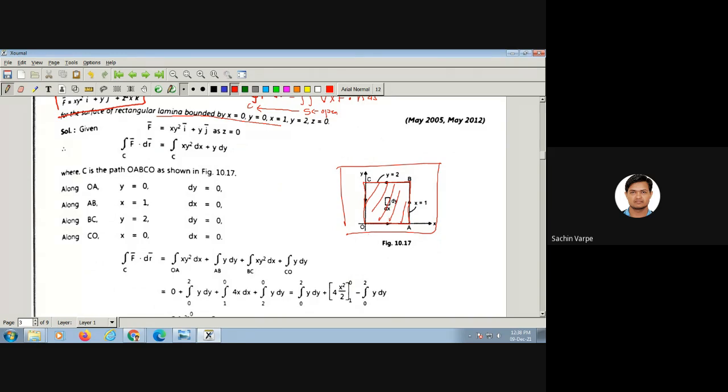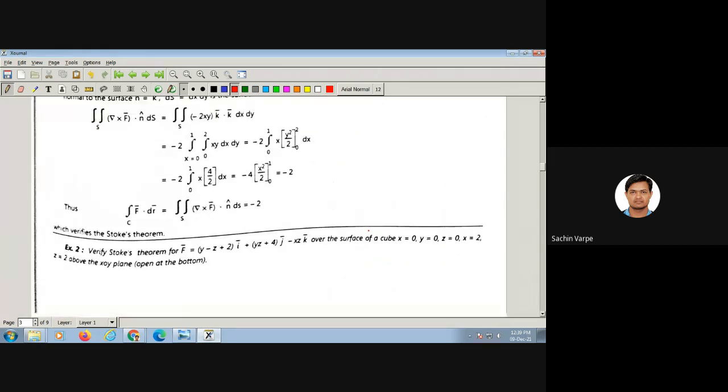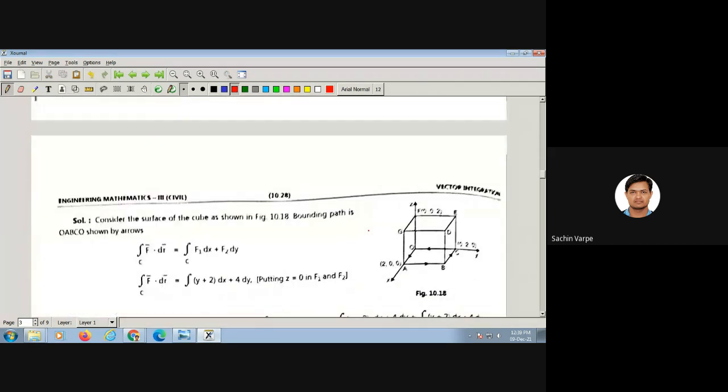So along OA, along AB, along BC, and along CO, we have calculated, and the sum of all those integrals will be the required line integral along a closed curve over the rectangle. Is this clear? So we have verified the Stokes theorem.